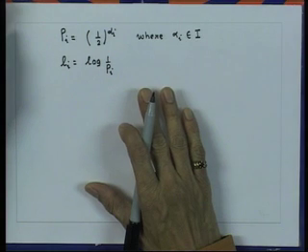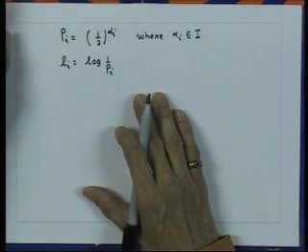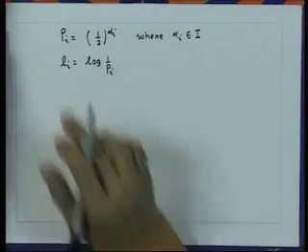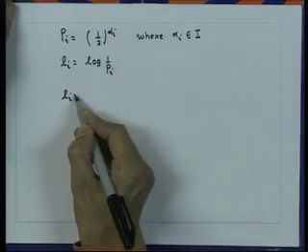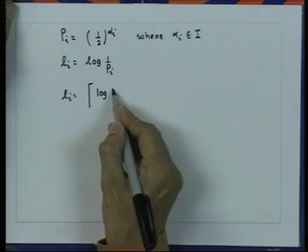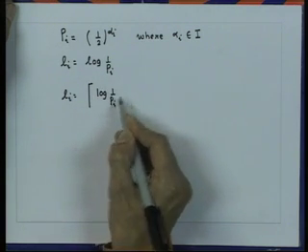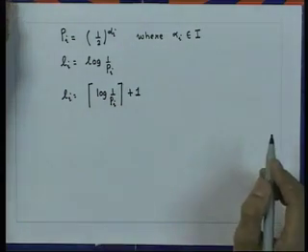But if the source is not dyadic, then we have also seen that a reasonable choice for this length would be L_i equal to the upper floor of log of 1 by p_i plus 1.